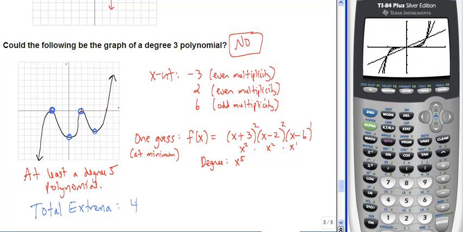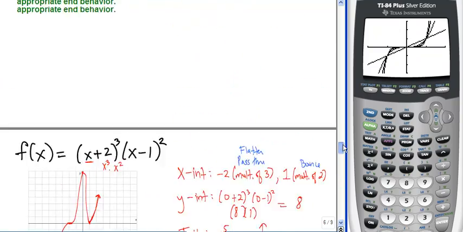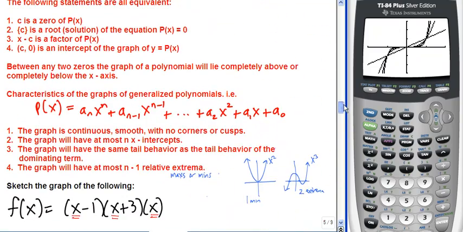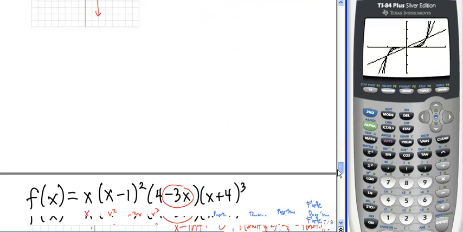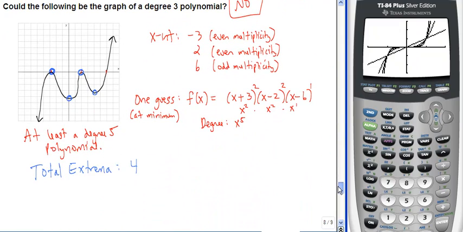I have 4. And remember from earlier on, let me see if I can find it back in our notes. Up here, we said in option number 4 here that a graph will have at most n minus 1 relative extrema if it's a degree n polynomial. So if a graph has 4 relative extrema, then it would have to have at least a degree 5, which is what we came up with in our other argument.